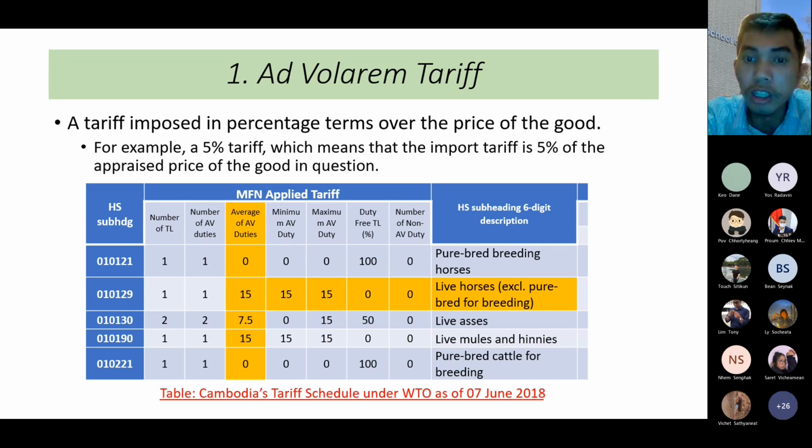So if the horse is sold at $1,000, what is the AV duty of that horse? What is the amount of AV duty of that horse based on the number right here? Anybody can give me the answer?